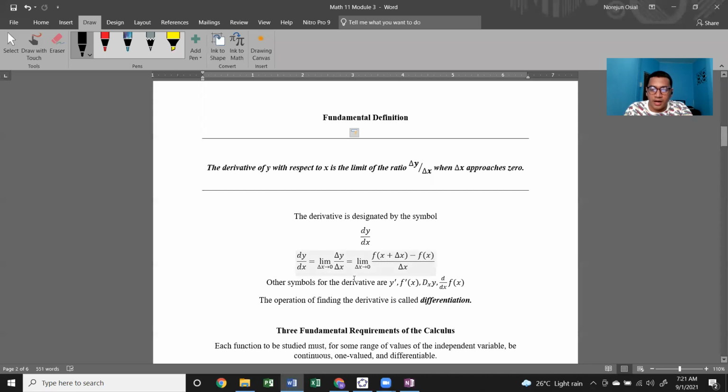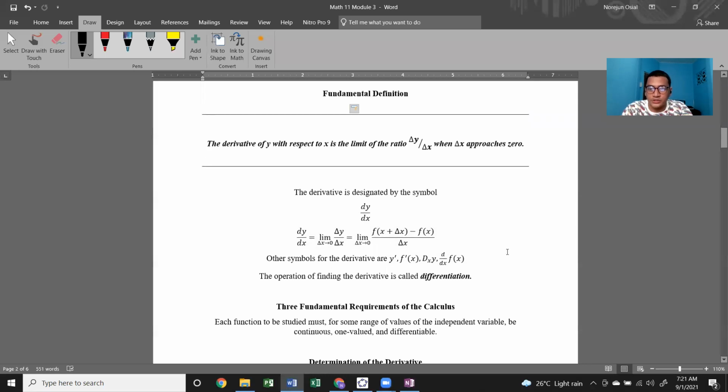There are several notations used to symbolize the derivative. The most common is dy over dx, which means the derivative of y with respect to x. Or we can use other variables also.